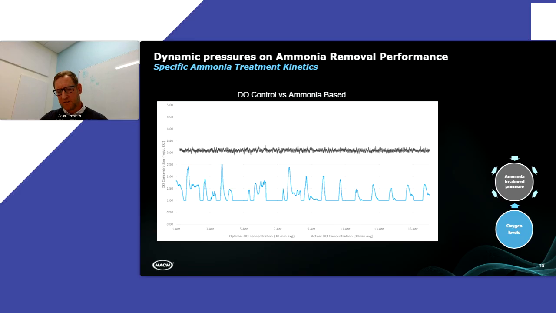But the idea here is we're treating and we're measuring, we're using the control point as a direct read. So if we use an ammonia sensor, an ammonia analyzer, to do a feedback control loop as part of this DO control, we can end up being much more tight in our control, save some energy, and use air when it's needed and not use air when it's not, because like I mentioned, it's one of the most, if not the most expensive process we do in wastewater treatment in a lot of cases.